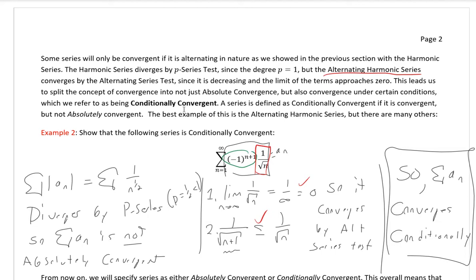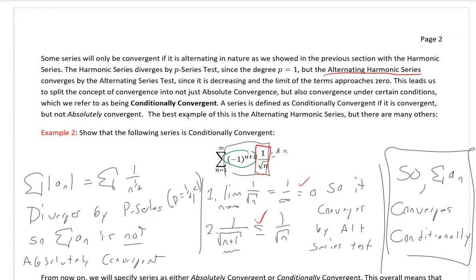From now on, we'll usually address things as absolutely convergent or conditionally convergent. Overall, what this means is that not much needs to change. For example, things like the integral test and geometric series, those are all using positive terms anyway. So those were already checking absolute values, so those were already checking absolute convergence.